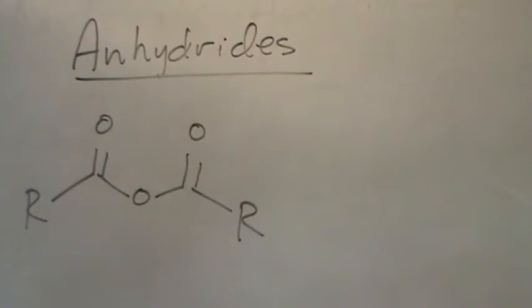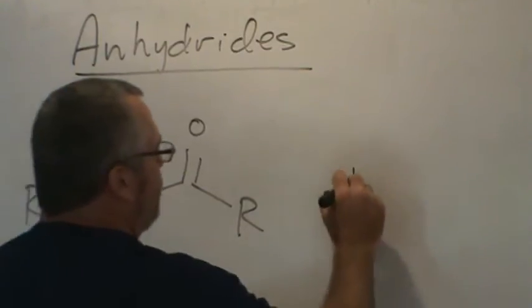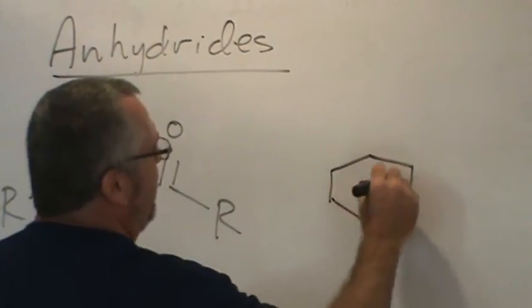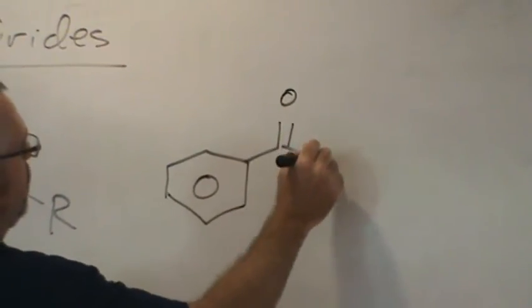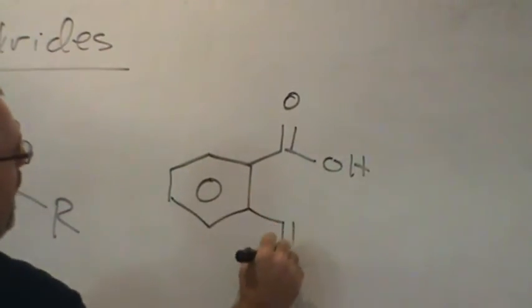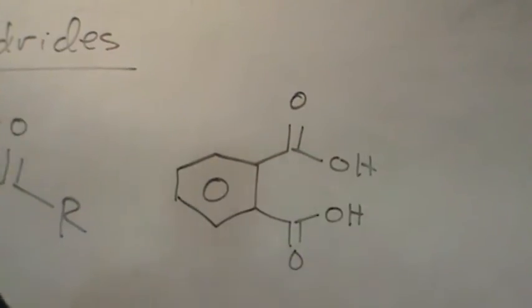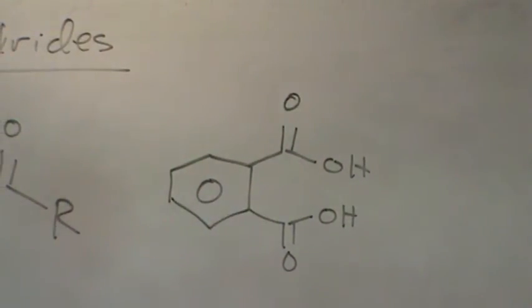The one thing I want to tell you is that it is possible, as I think I already mentioned, that you can produce anhydrides simply by condensing, bringing 2 carboxylic acids together.